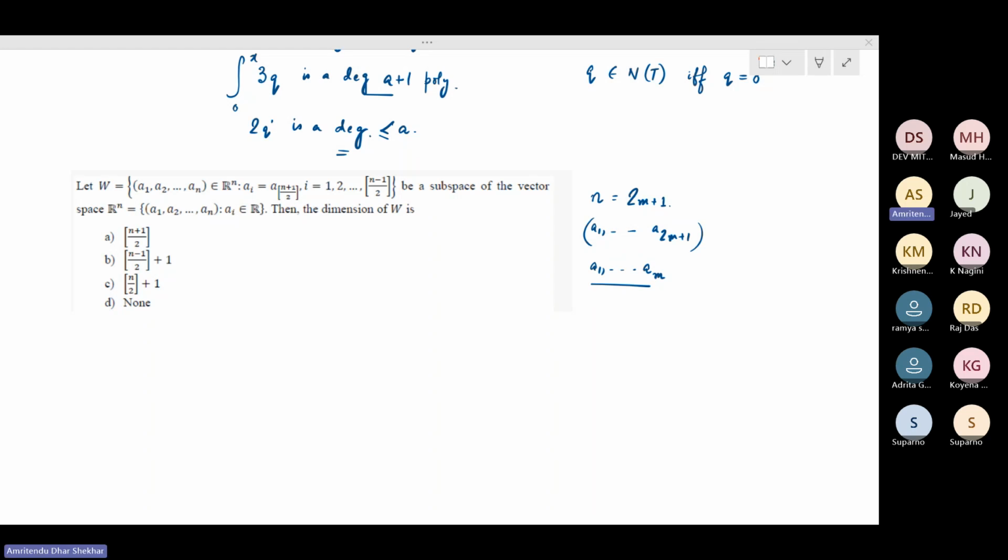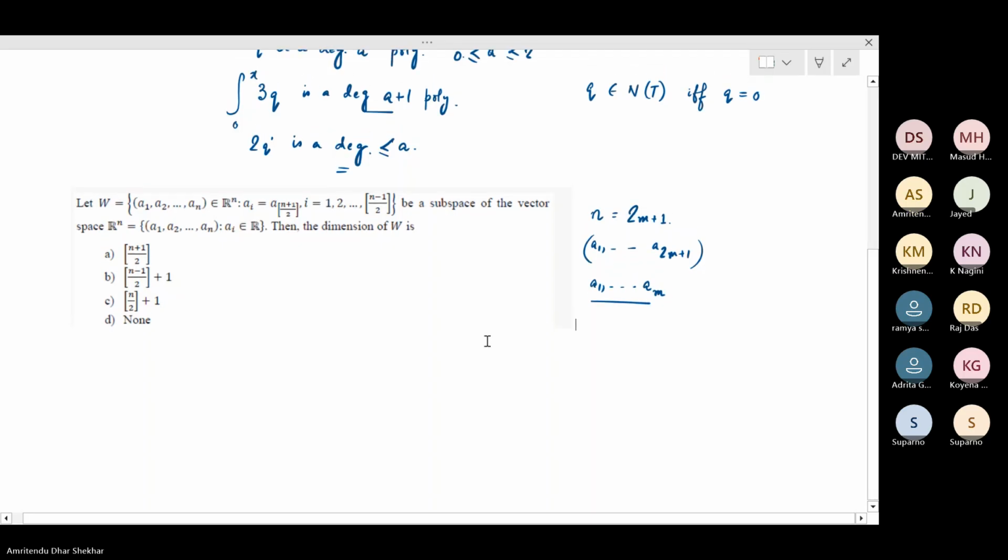From AI equals to a m plus 1. Yeah, I think I've copied the question correctly only. Right.